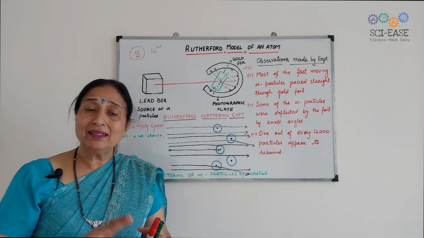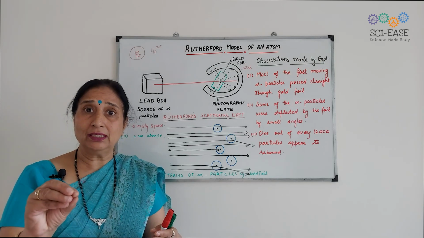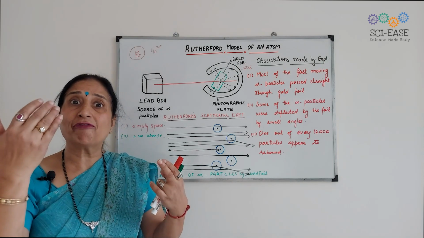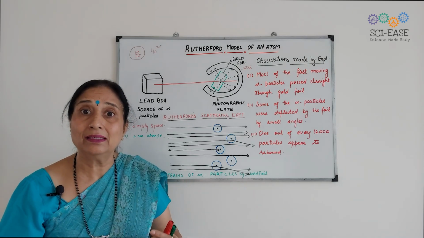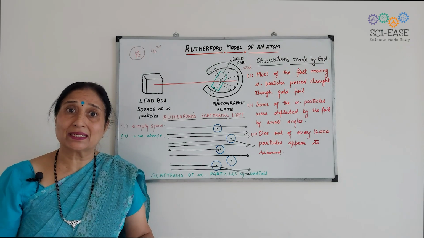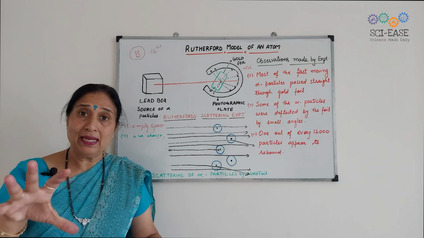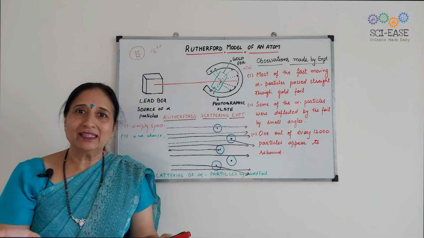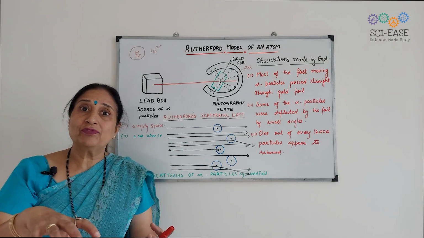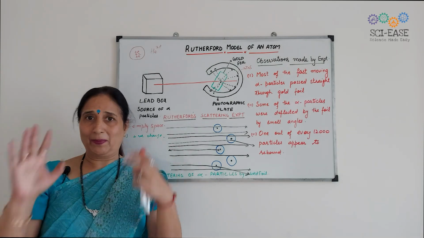He found that the central part, which is positively charged, is 10 to the power 5 times smaller than the whole atom. This means it's quite small. Like, the atom is something very big, otherwise it's very small, we can't see atoms with our naked eye. In comparison to the size of the atom, the central part is very, very small.